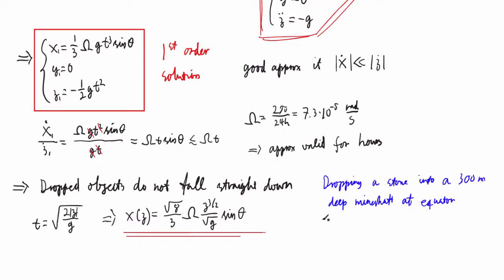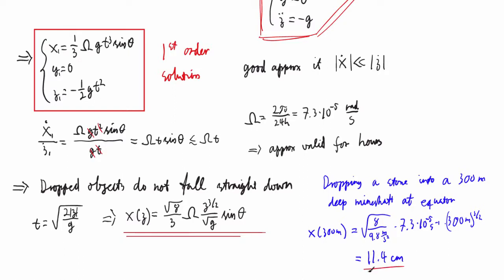So we get then at x 300 meters, this is omega, 11.4 centimeters. So that's the deviation from the vertical.